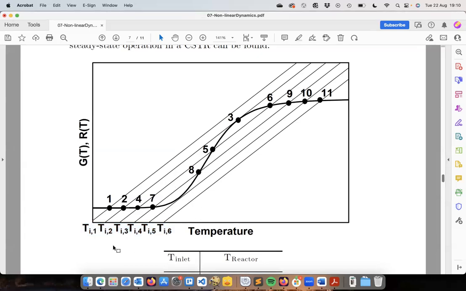And there are critical regions, TI2 and TI5, where the system can switch very suddenly. So we thought we were operating peacefully down here, and then the inlet temperature rose slightly, and suddenly the system ran away up here. And these are all real cases. In real reaction engineering, this is an issue that has to be designed around quite carefully.